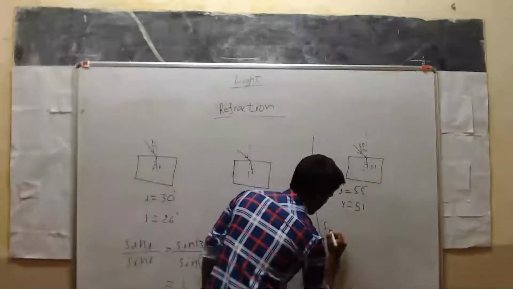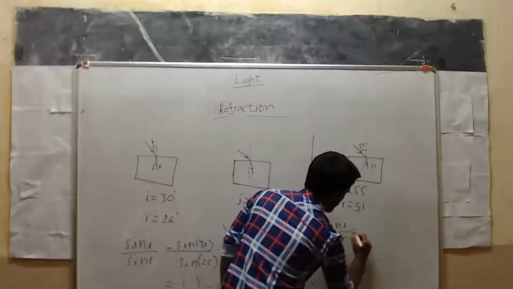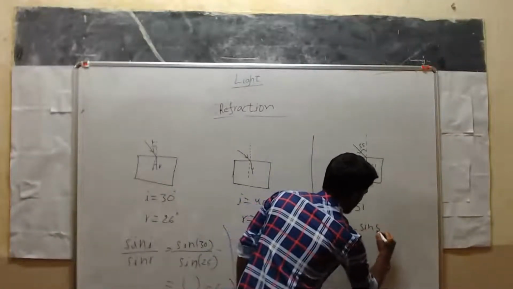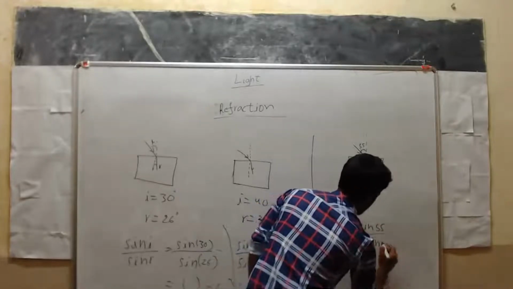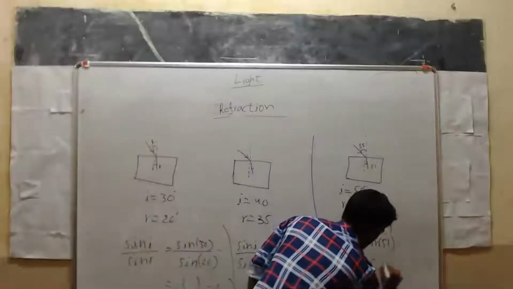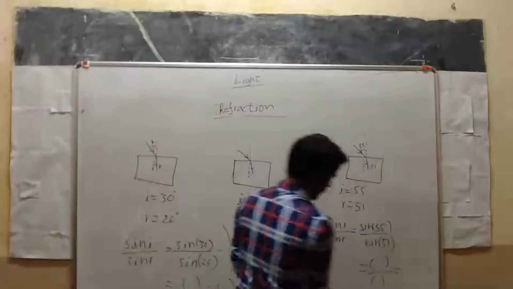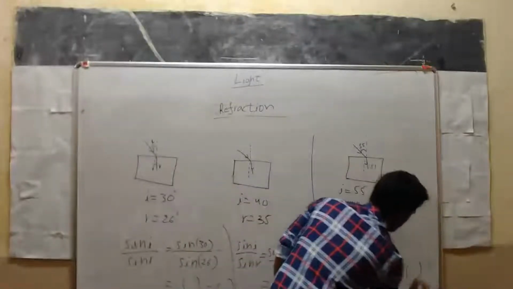Next, once again, sin I divided by sin R equals sin 55 divided by sin 51. Here you will get two values, and if you divide these two, you will get one answer.